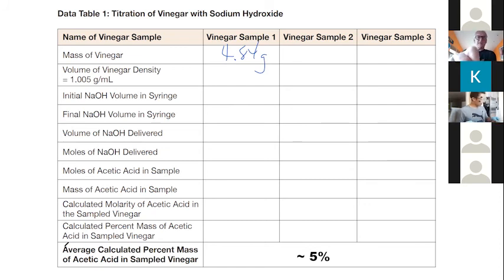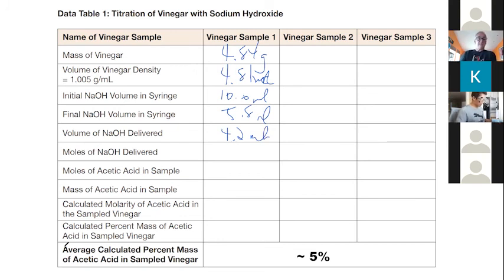I think that was 4.81 mils. The volume of sodium hydroxide we delivered was 4.2, since we went from 10.0 to 5.8. So that was 4.2 mils.